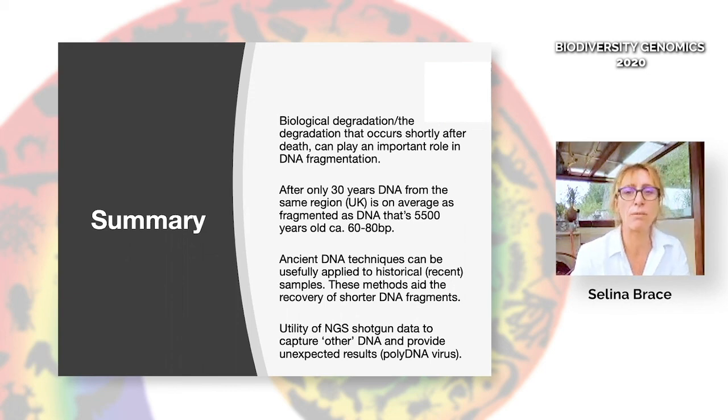What we found is that after only 30 years, DNA from the same region, both of these were from the UK, is on average as fragmented as DNA that was 5,500 years old. If you remember, between 60 to 80 base pairs on average. This certainly suggests that ancient DNA techniques can be really usefully applied to even more recent and historical samples, because of course this aids the recovery of shorter fragments.